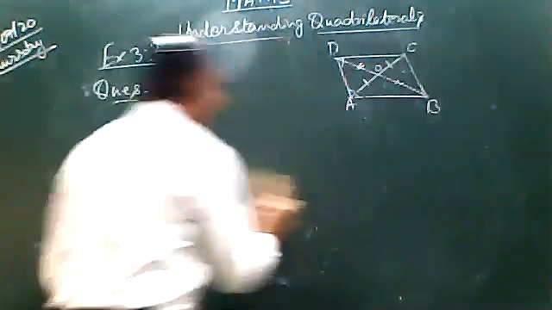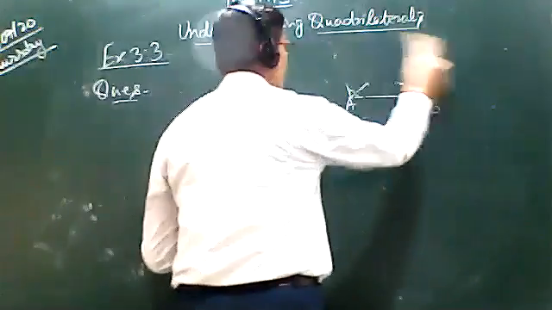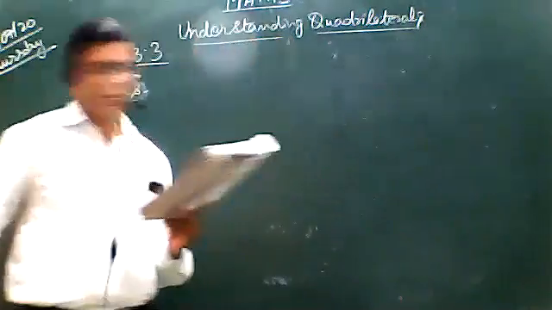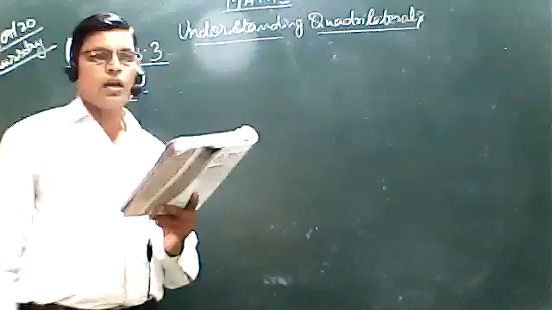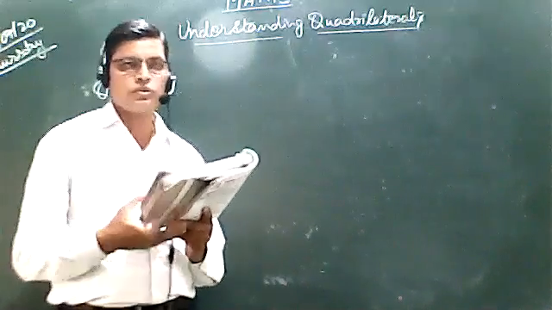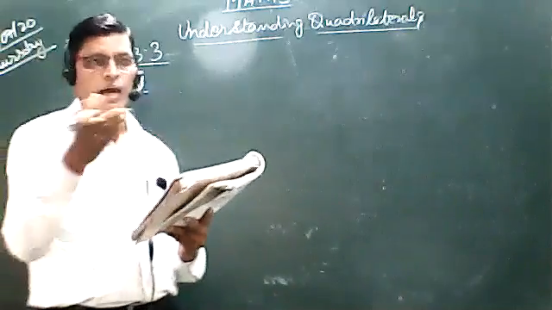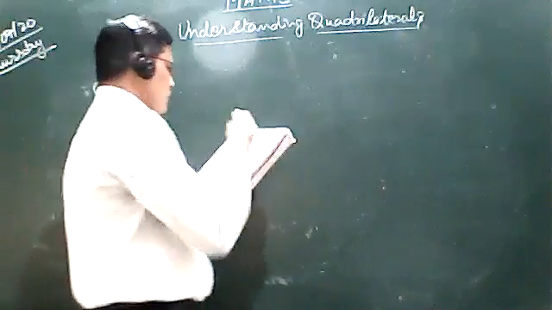Question number 2. Here is a parallelogram. There are some figures. Consider the following parallelograms and find the values of the unknowns x, y, z. There are some parallelograms given.